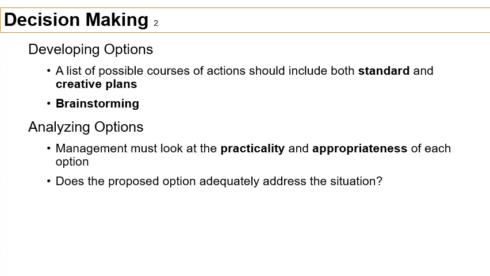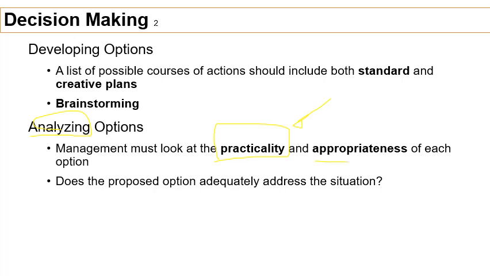Next, after you've developed your options, you need to analyze those options, right? You need to try to come up with metrics, right? And metrics could be a yes, no. Is this something that technically is feasible, right? Is it a practical solution, right? So if one of the options you have come up with is to develop a new product for which the technology doesn't exist, is that a practical thing to be done within the time frame that this decision is to be made, right?